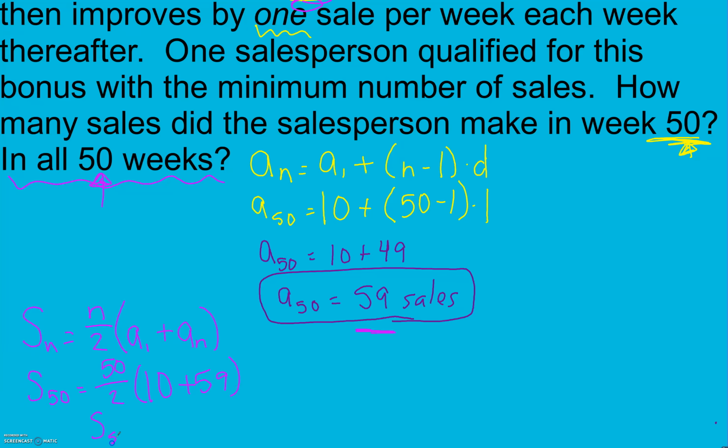So S of 50, the sum of the first 50 numbers, is going to be 25 times 69, which is going to be 1,725 sales. So in 50 weeks, starting at 10, adding 1 per week gives you 1,725 sales. I'm going to go ahead and stop this video here and continue on the next one.